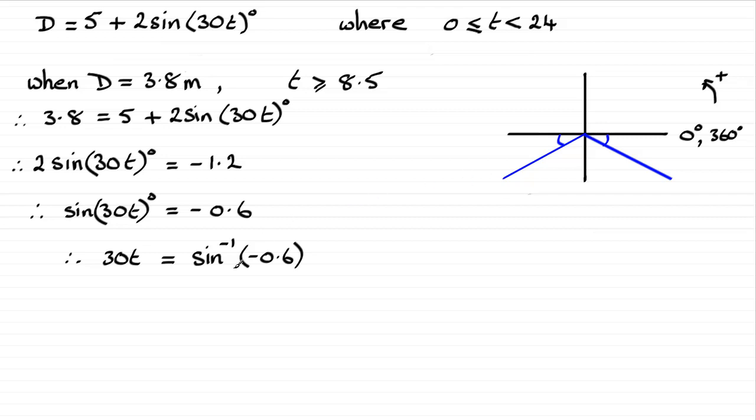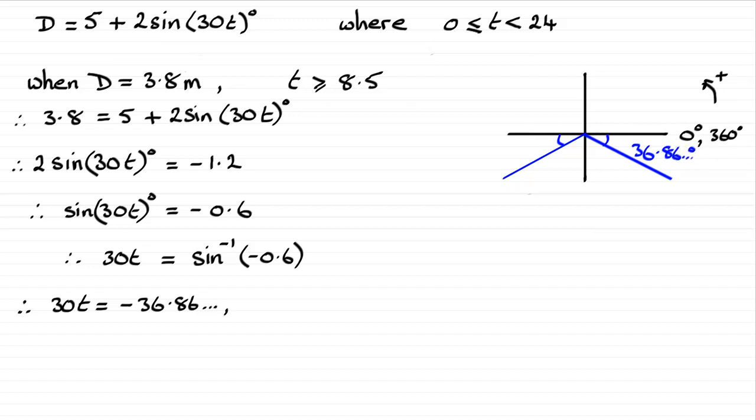When you take the inverse sine of negative 0.6, the answer you get for 30t turns out to be minus 36.86 degrees, and so on. Make sure your calculator, by the way, is in degrees mode. On the diagram, that's represented as a negative turn, so this angle round here is of magnitude 36.86 and so on degrees.